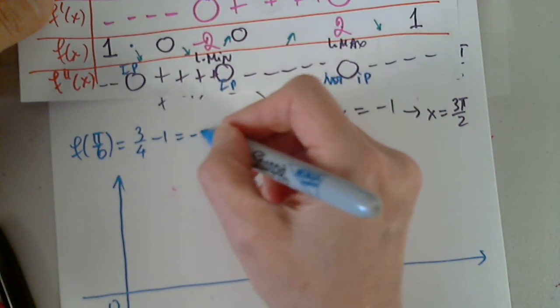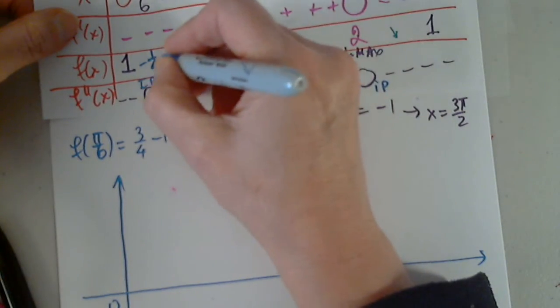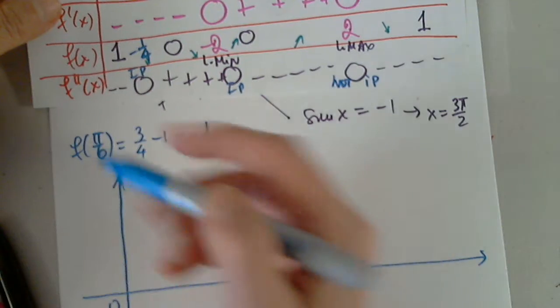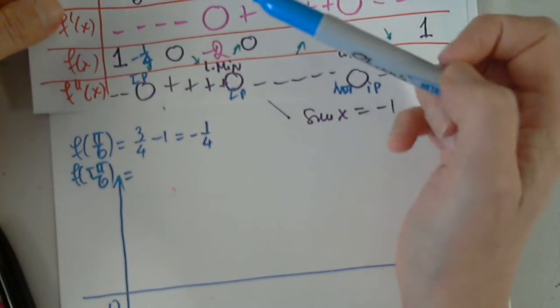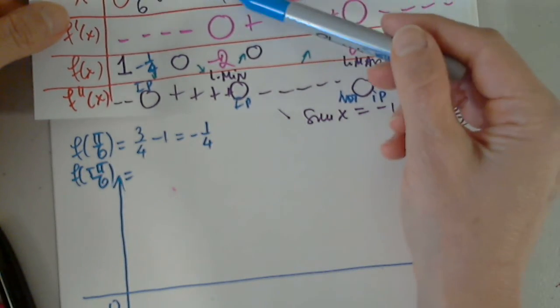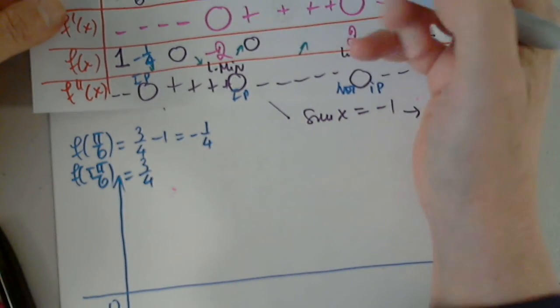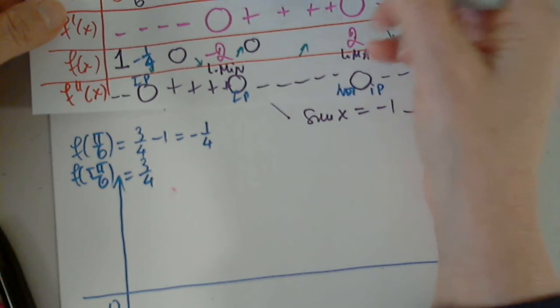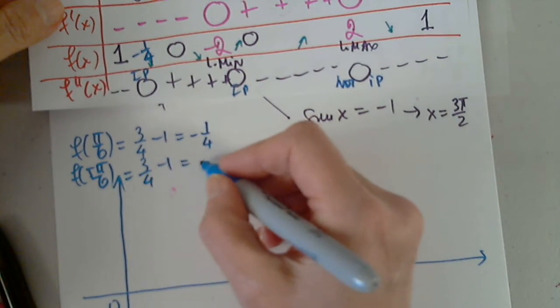So this will be negative 1/4. With 5 pi over 6, what do I get? Still the same thing because it will be negative, so it's still going to be 3/4. And this with 5 pi over 6 is still 1/2. Yes, it's still the same. Negative 1/4. Yep. Okay.